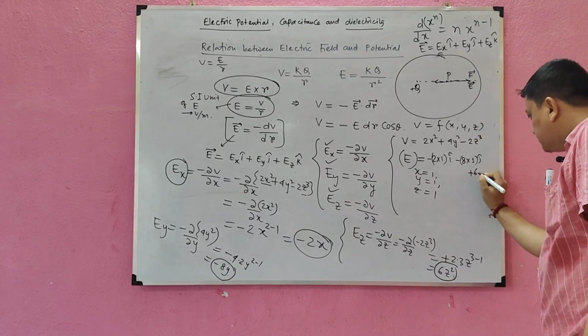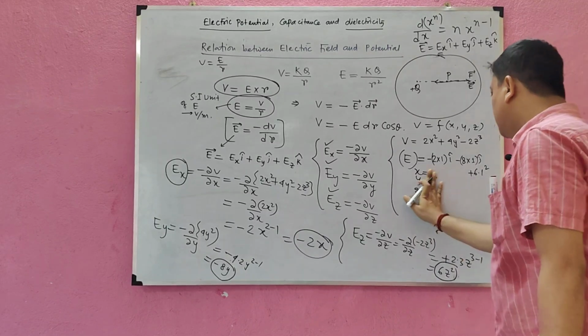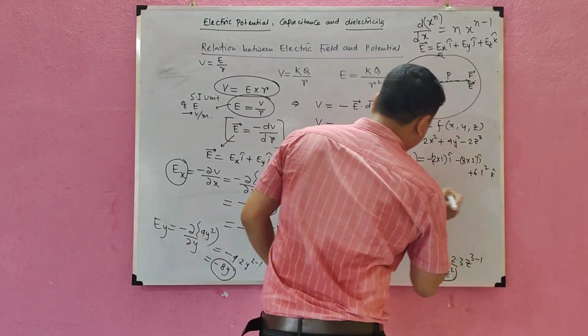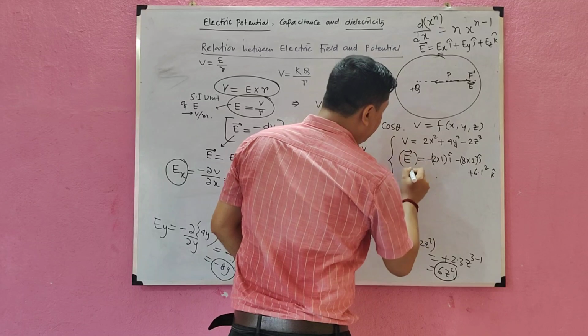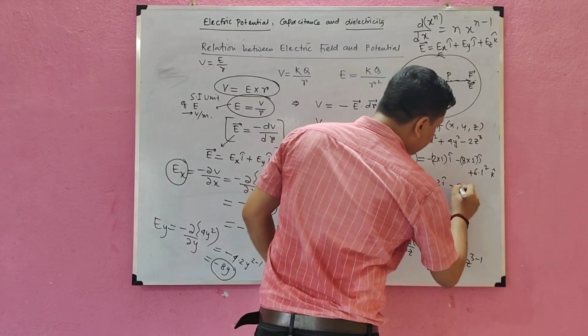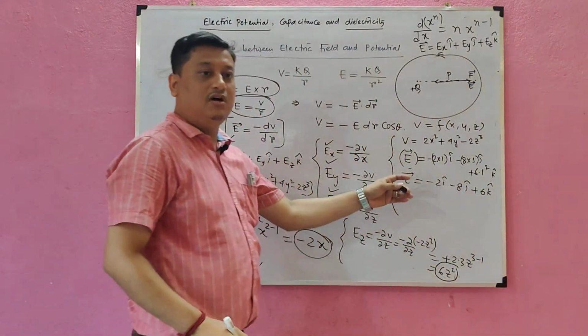So plus 6 into z value is what? 1 square. Into that will be k cap. So what is the value of E here? E equals minus 2 i cap minus 8 j cap plus 6 k cap. That is the value of electric field.